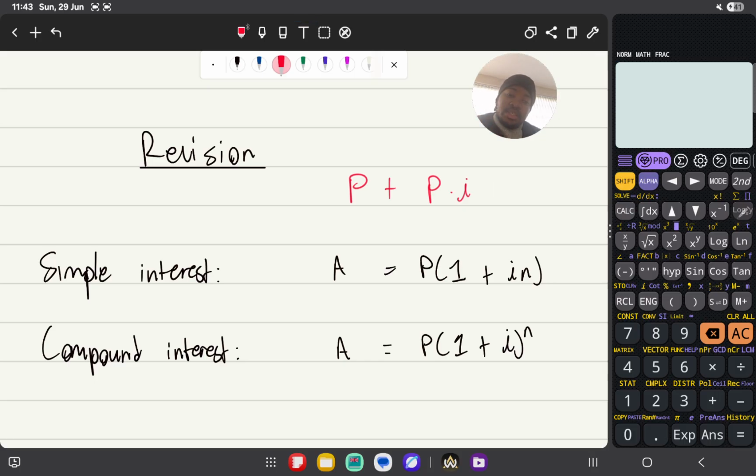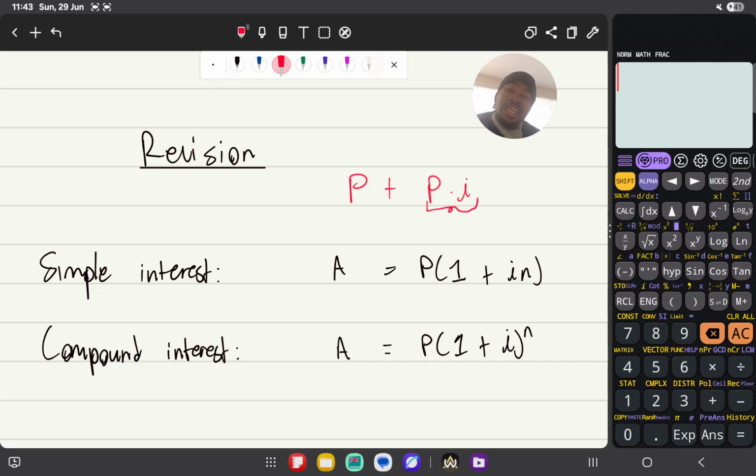This interest, represented by these two letters here, you're going to get the same amount at the end of each year of investment. So if you're investing for 5 years, at the end of year one you have 100 rand, year two 200 rand, year three 300 rand, year four 400 rand, you know what I'm saying? You're always going to get 100 rand, depending on how long you are investing it.